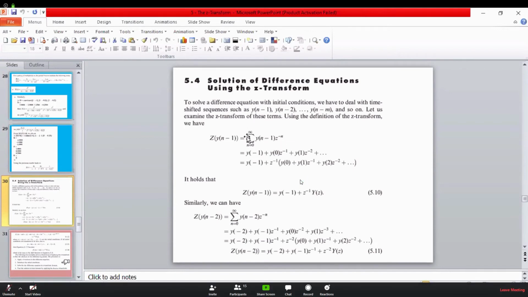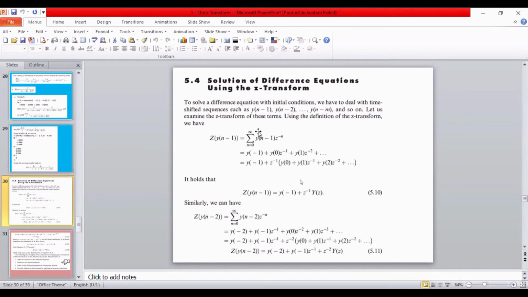Imagine that, which is simply using the definition of the Z transform, only instead of y as a function of n, we place y as a function of n minus 1, meaning that we have a shifted version of our output. Now, if you expand this expression by substituting the powers of n, for instance n equals 0, we get y of minus 1, because 0 minus 1 is just minus 1, right?